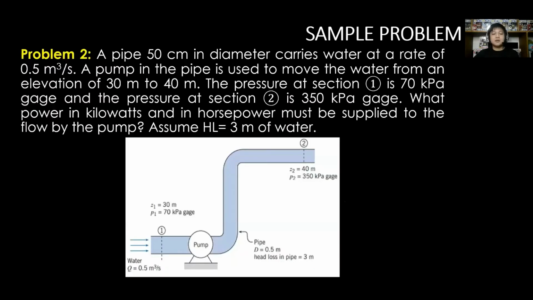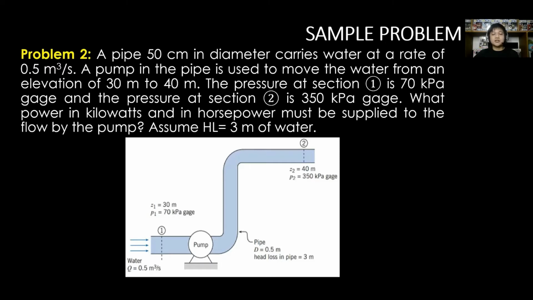And for our sample problem number 2, a pipe 50 centimeters in diameter carries water at a rate of 0.5 cubic meter per second. A pump in the pipe is used to move the water from an elevation of 30 meters to 40 meters.